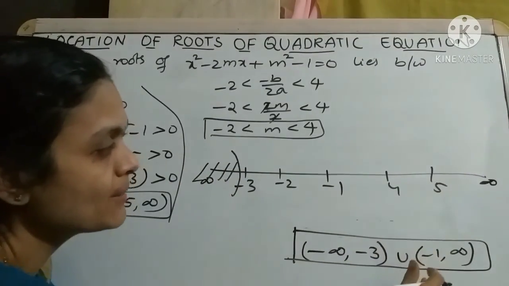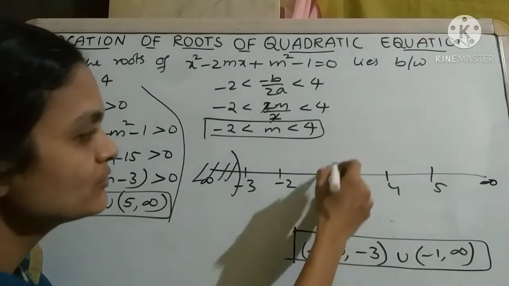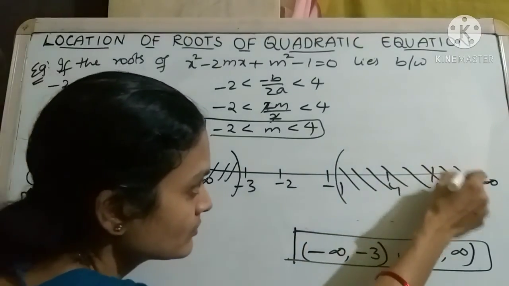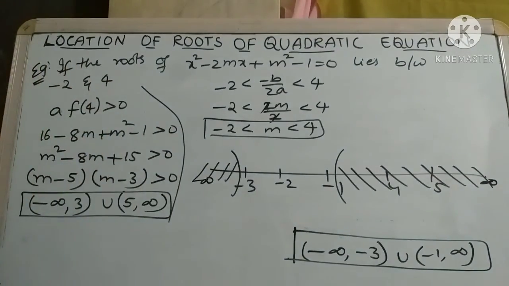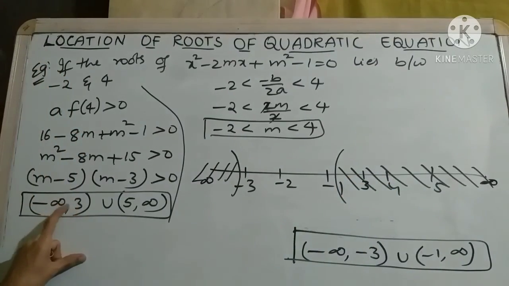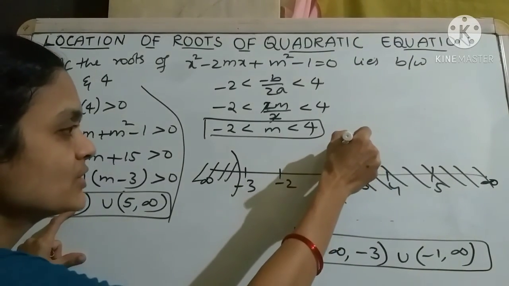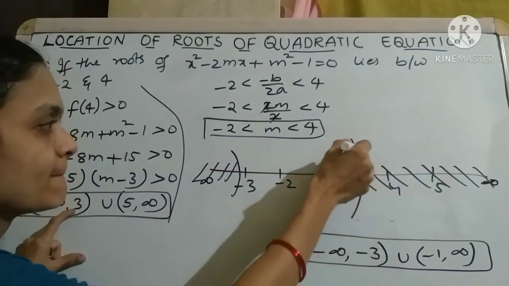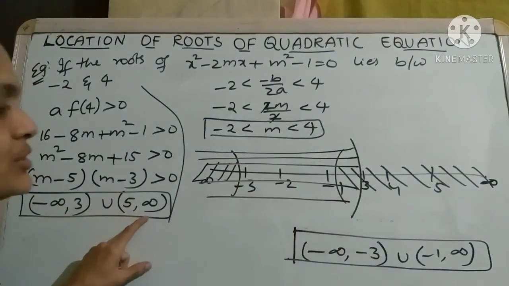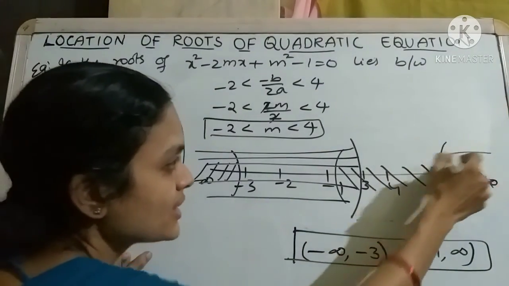Minus 1 to infinity means this side. Then minus infinity comma 3, 3 also you should write in between here, means this side. Then 5 to infinity means this side.